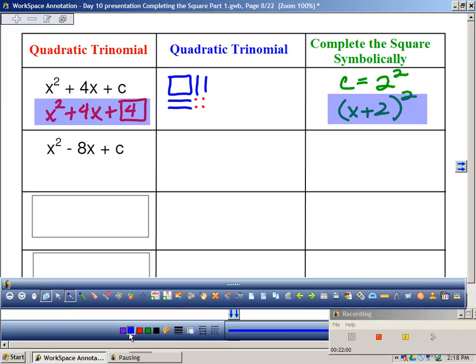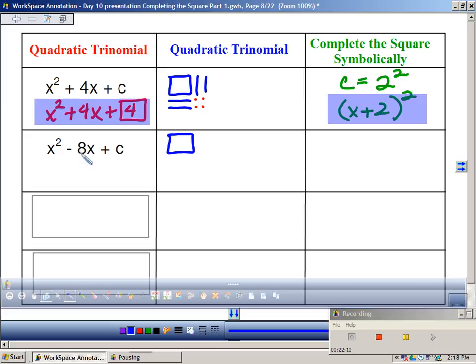Okay, so I have an x squared. This time I have -8. So to make negatives, I'm going to make squiggly lines. Okay? So how many am I going to have on each side of my square? 4. 1, 2, 3, 4. 1, 2, 3, 4. So that means that C is going to have to be 4 squared.